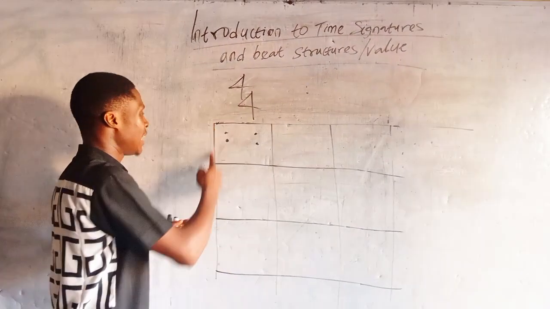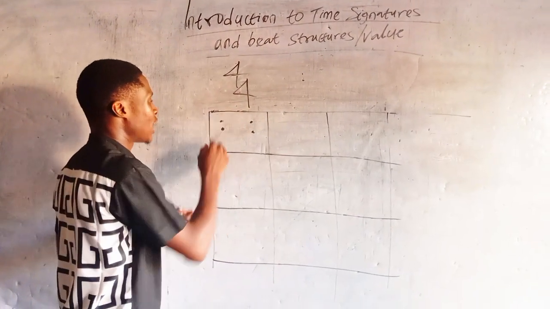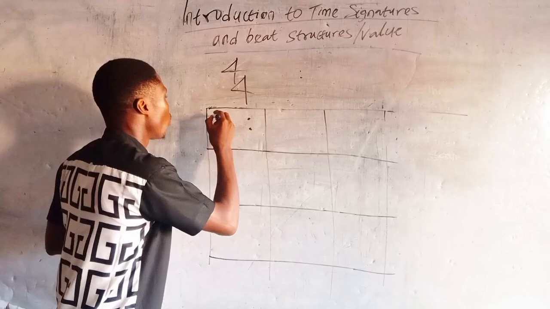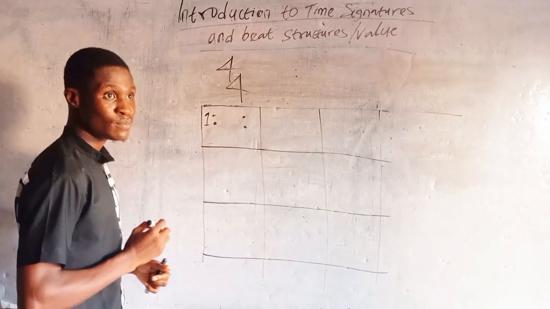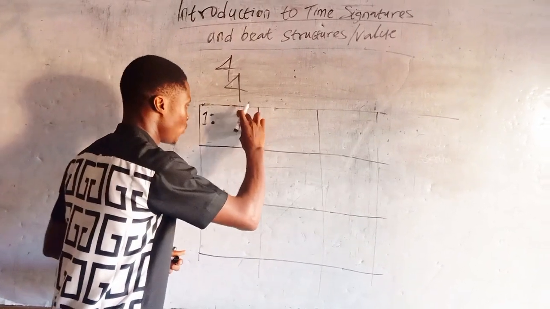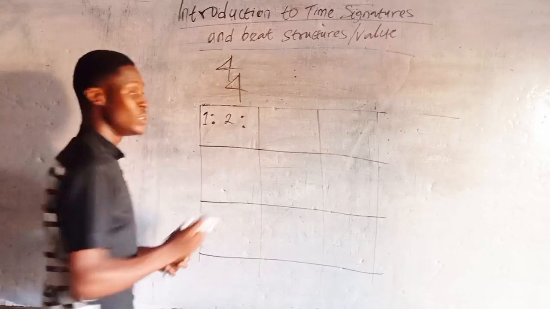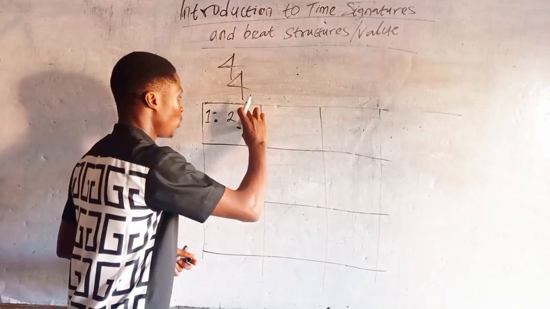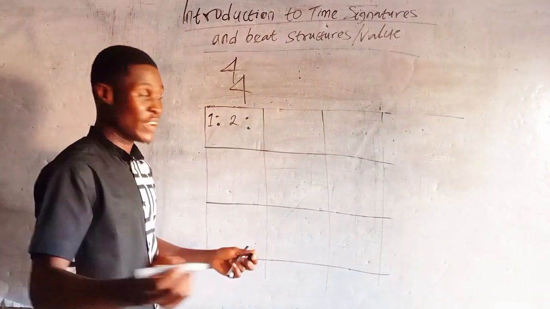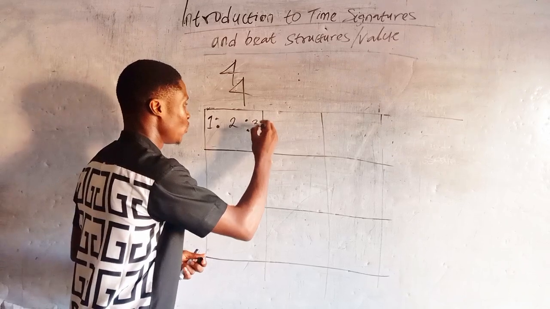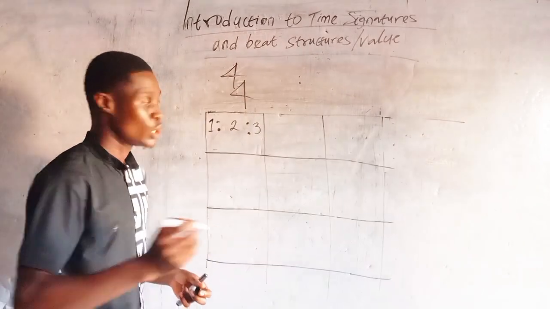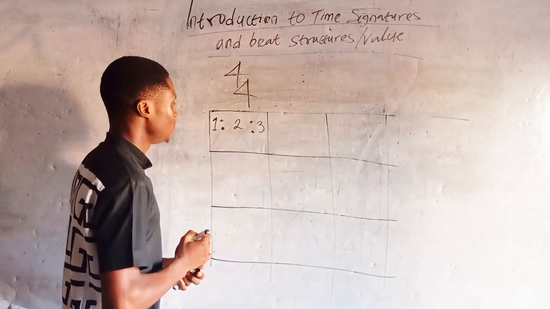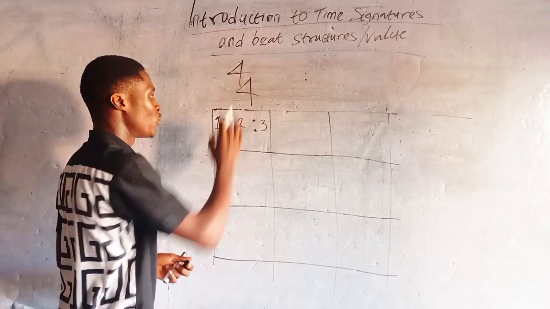So between this bar line and this full pulse mark, we have 1 full bit. Between this full pulse mark and this full pulse mark, we have the second full bit. Between this full pulse mark and this bar line, we have the third full bit. But we have 4 above.